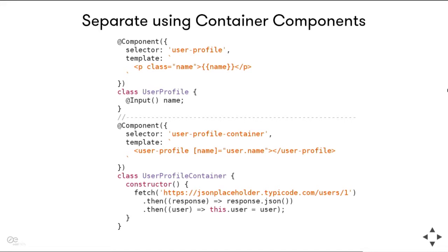And then what you do is you just pass the data into the inputs of this presentational component. Like this, you can really extract all the data concerns out of your component, and your component is getting an additional name input, right? And now it's completely decoupled. So now you can use your user profile wherever you want, not only where it's necessary to do a remote API call, for example.